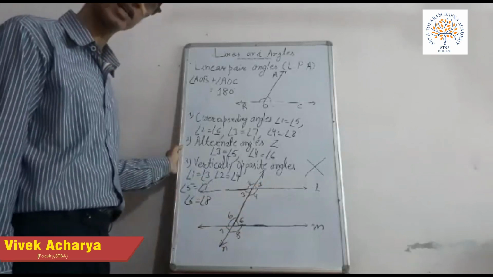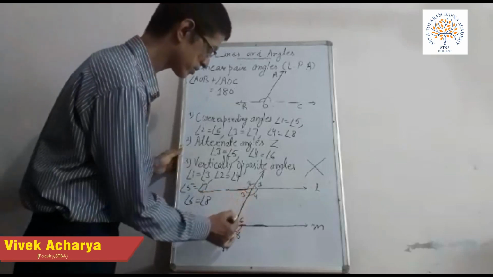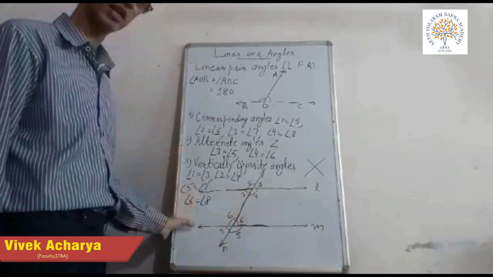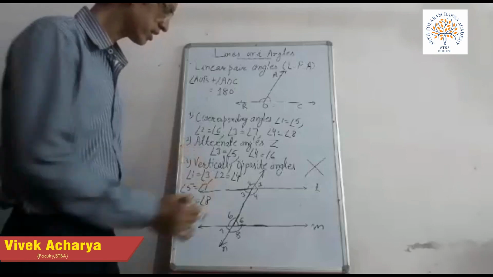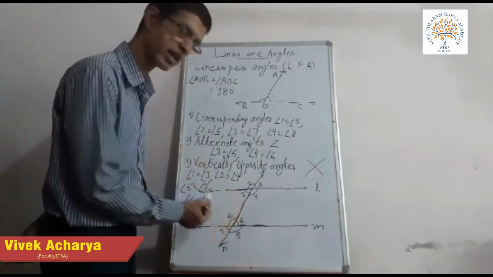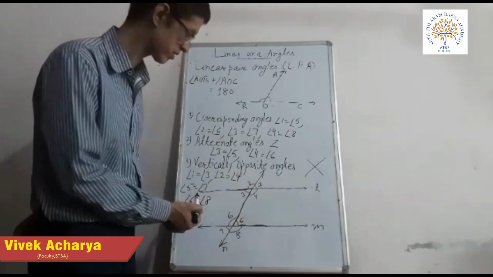Similarly, alternate angles, when a Z is forming, you can see the Z is forming here. When lines are parallel, the alternate angles are equal, like angles 3 and 5 are alternate, 4 and 6 are alternate. And the last one is vertically opposite angles.